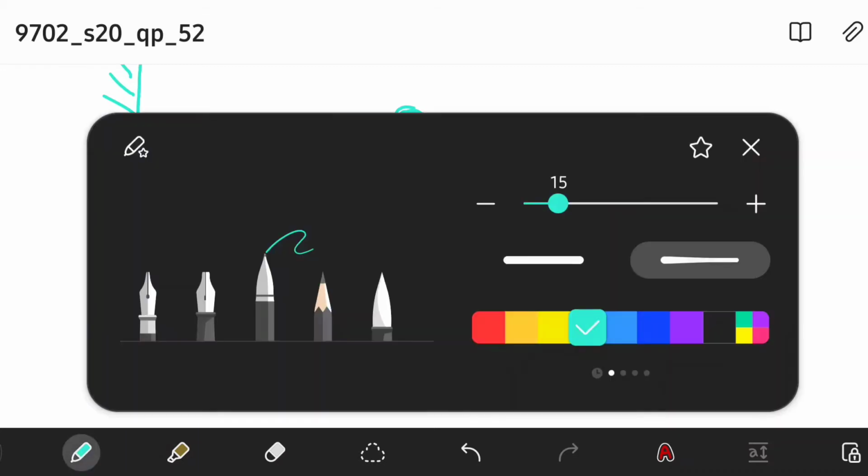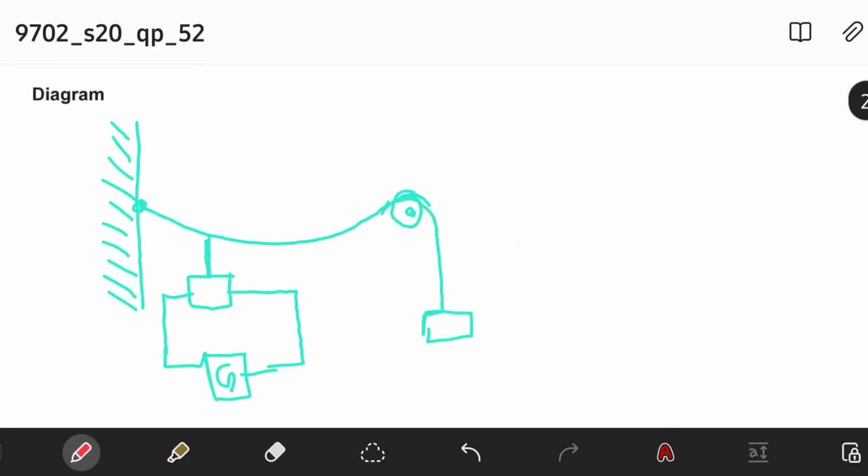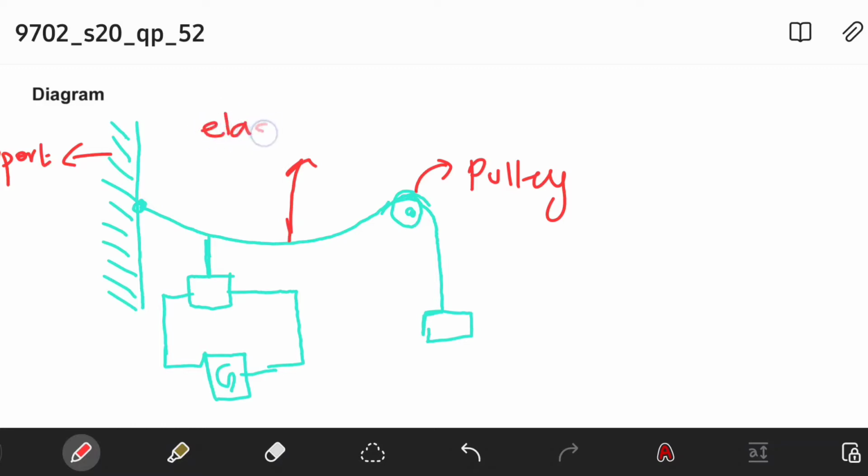Now let's do the labeling. So you can label this as support. This is a pulley. Now, one important thing, this is an elastic cord. It's better that you write that it is an elastic cord, because obviously we need an elastic cord to generate a wave, to make sure that this cord is able to curve, right?